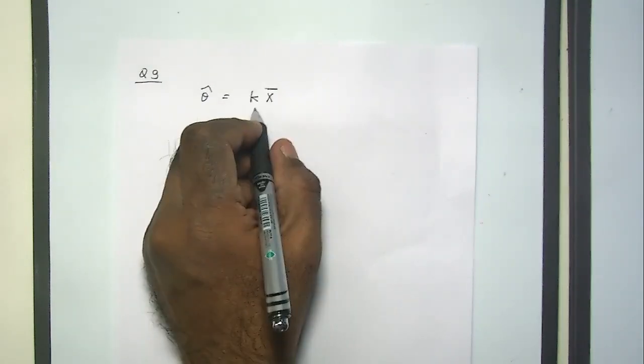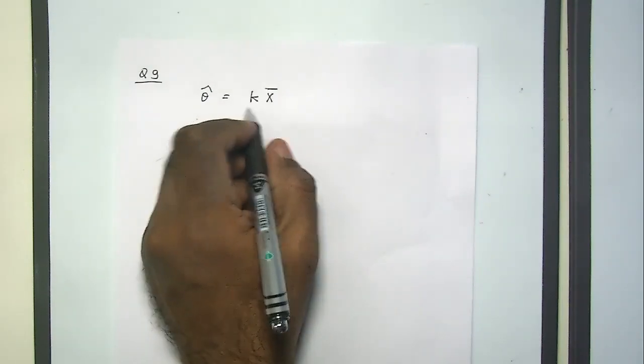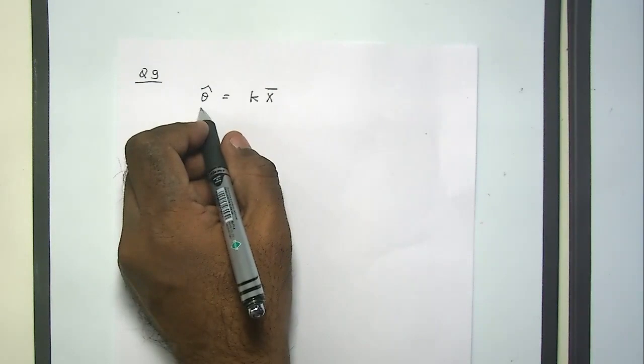The question is to find k so that this estimate is unbiased for theta.